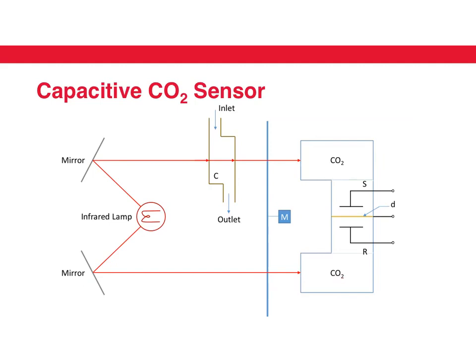But in this case, there is some carbon dioxide inside this tube, so that absorbs some of the infrared light, and the rest of the infrared light falls here. So this chamber receives less infrared light compared to this, and therefore the pressure here is higher, and therefore the diaphragm moves up, and the differential capacitor starts to work, and we can sense the change in the capacitance here.